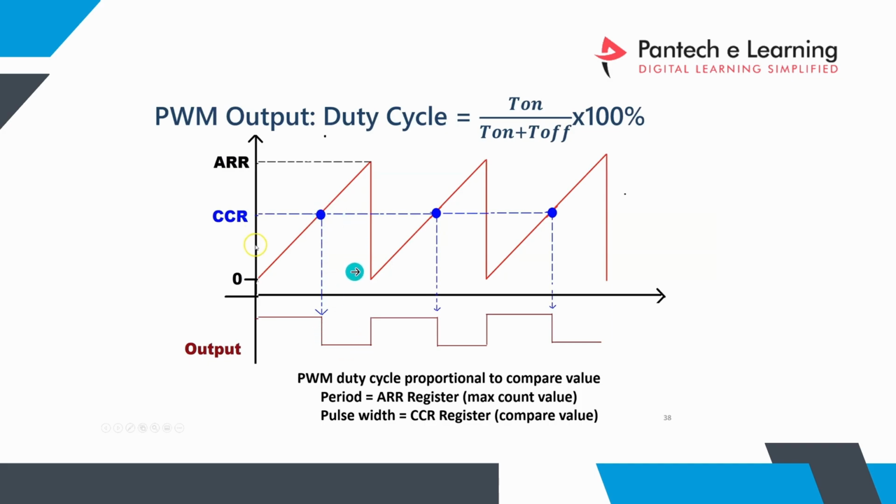If I give polarity as 0, it is going to start from logic 0: first you will get a logic 0 line, then as per the CCR it gets turned on, and as per the ARR it gets turned off again. We are going to use polarity 1. So the polarity says where the line starts, whether in logic 1 or logic 0.